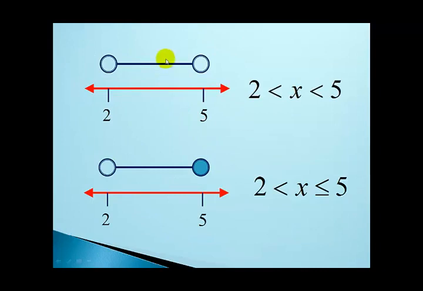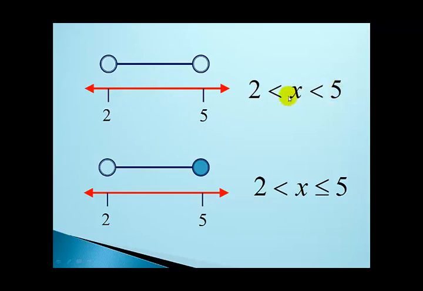Now, considering the number line, we have 2 and 5 to be the endpoints. Now, the inequality is x is greater than 2. Values of x greater than 2 are on the right of 2. And the same x is less than 5.